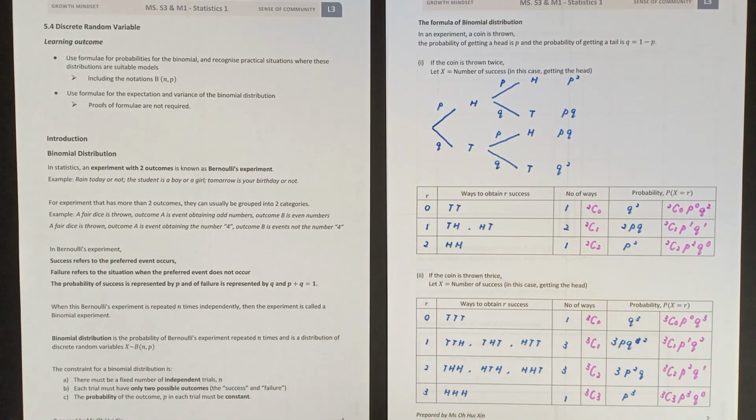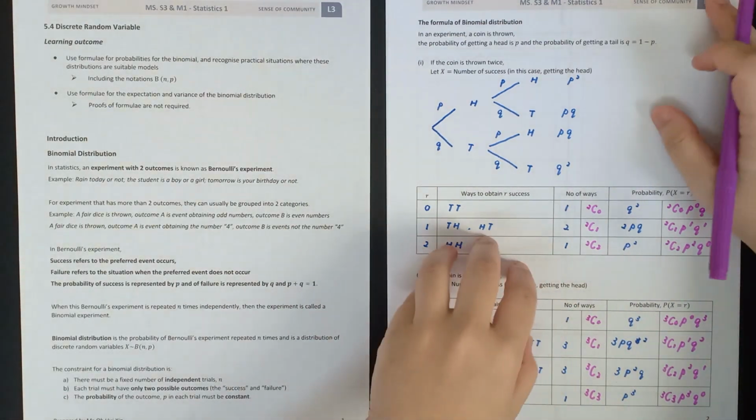It's quite impossible to do that, even more so if we continue for 100 trials. So that's why we come up with a distribution where we can see the pattern, and we use the formula to solve the question. Okay, so now with this, we try to put it in another situation here.